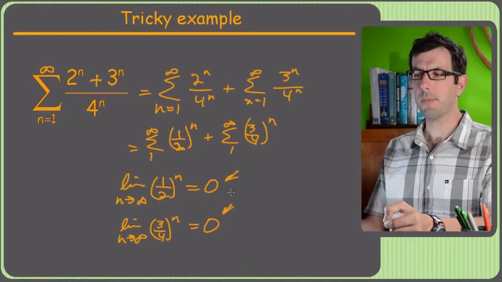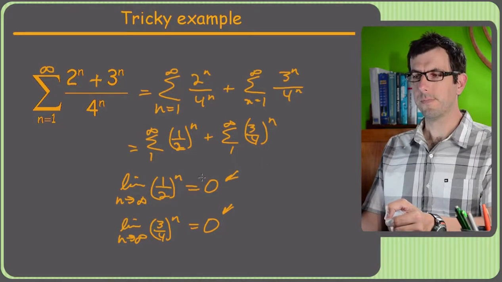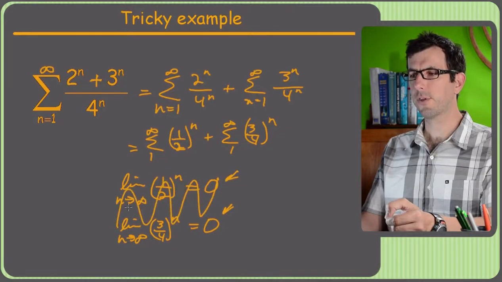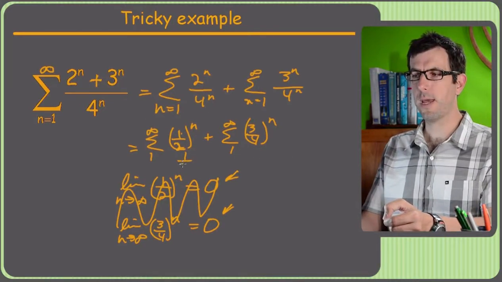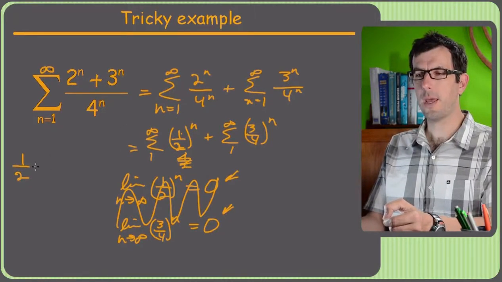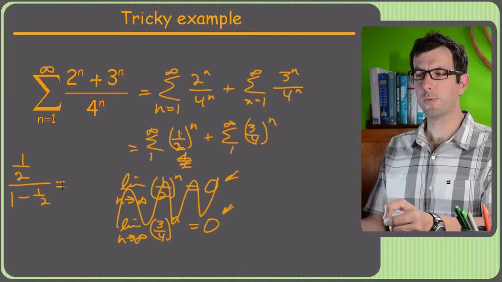But so we could figure out the sum of this thing pretty easily, because this one would be, so we already detected that it converges. But if we take 1/2 to the n, so the first term will be 1/2. So if you want to figure out the sum of this sequence, it's just 1/2 over 1 minus r, so 1 minus 1/2. So that's 1/2 over 1/2, this equals 1.